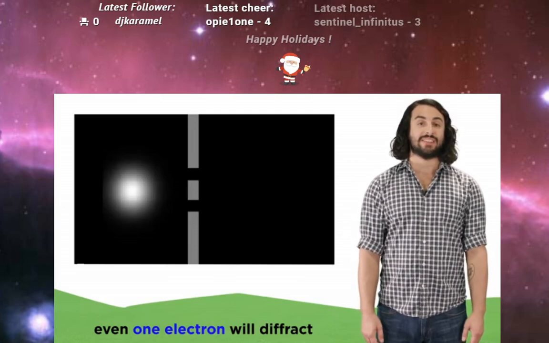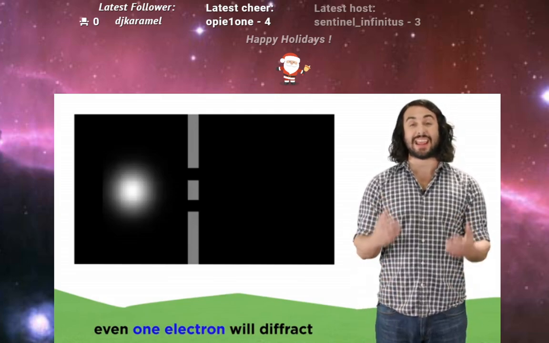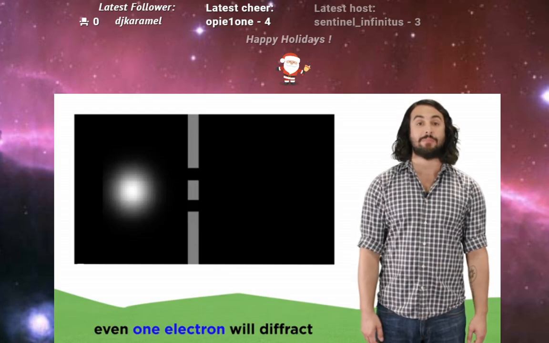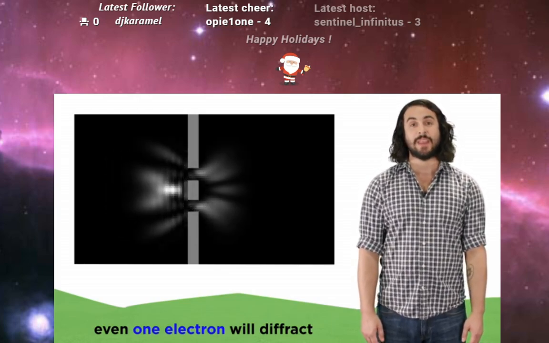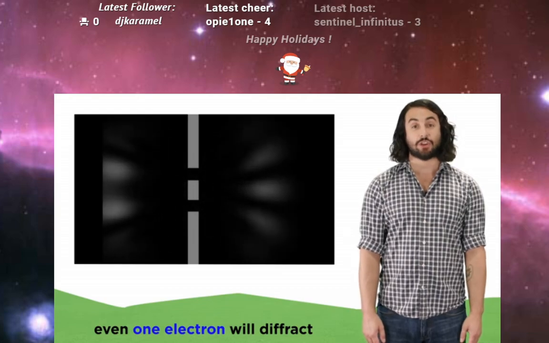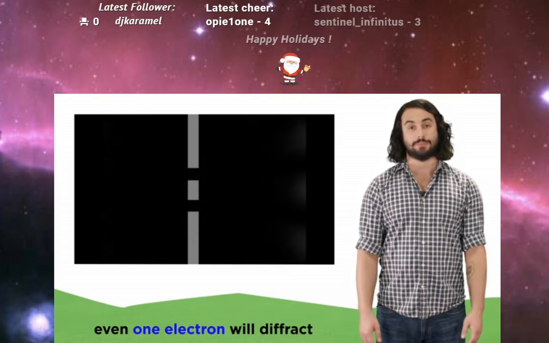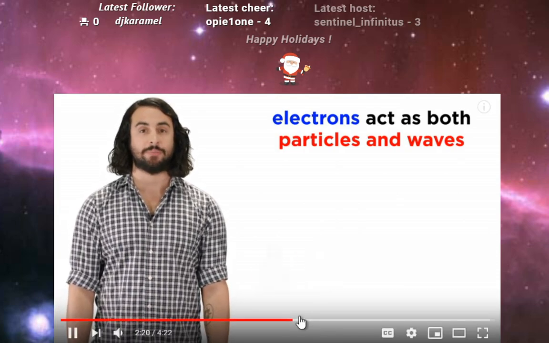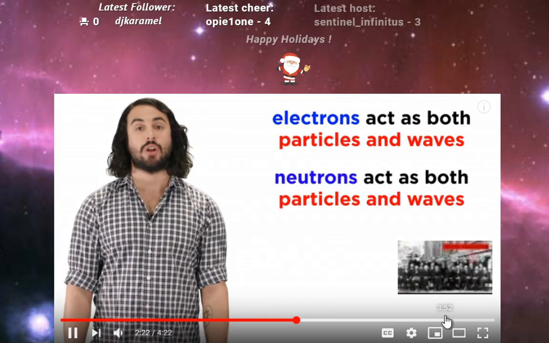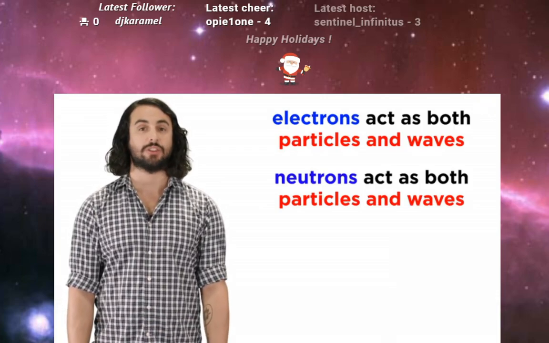Later, low-intensity experiments showed that even an individual electron, when passing through biprisms or slits, will interfere with itself, making the wave-like nature of the electron undeniable. So it was shown that electrons act as both particles and waves. But not just electrons. Neutrons were also shown to exhibit diffraction patterns.